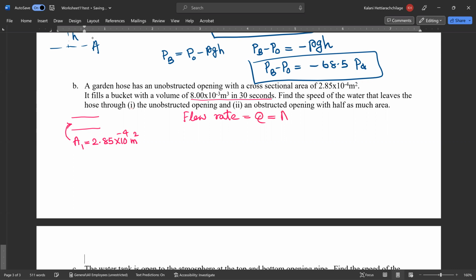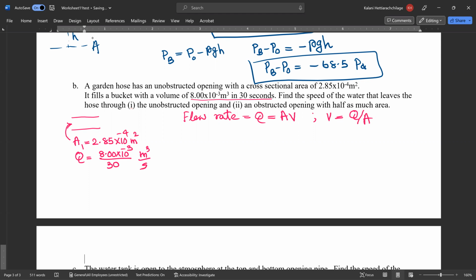Q is equal to cross-sectional area times velocity, so velocity will be Q over A. But this given information, the volume in 30 seconds, will give you the flow rate Q. Q equals 8.00 × 10^-3 divided by 30 seconds, which will be given in meter cubed per second.